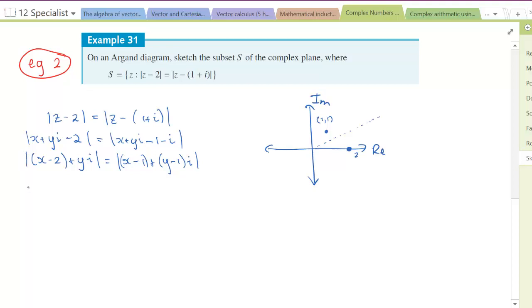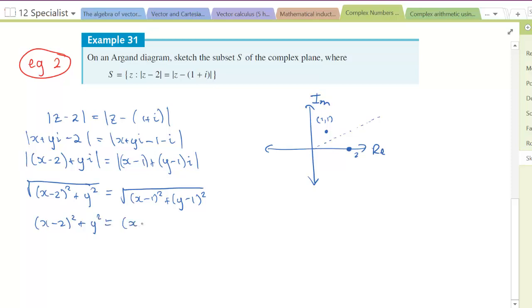This means we end up with the square root of (x minus 2) squared plus y squared, and the square root of (x minus 1) squared plus (y minus 1) squared. If we square both sides, we end up with (x minus 2) all squared plus y squared is equal to (x minus 1) all squared plus (y minus 1) all squared.